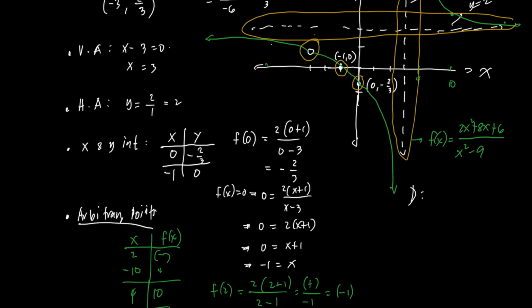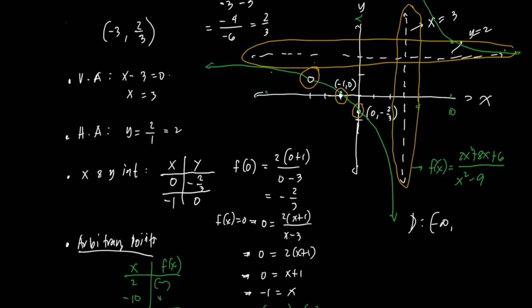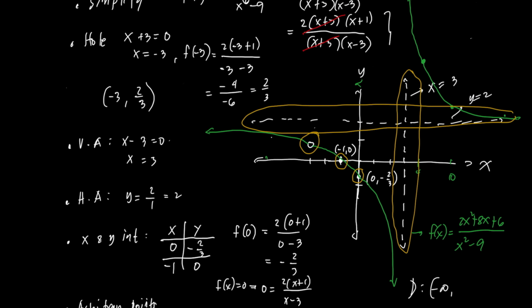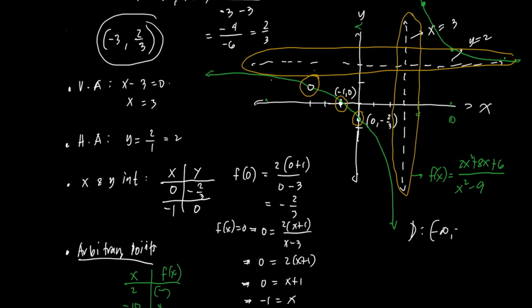Now what is the domain here? The domain is from negative infinity, and then here the hole is not included. Remember, the hole is not included, and the value there is this one, negative 3 2/3.